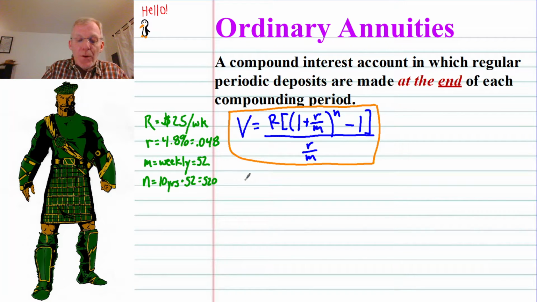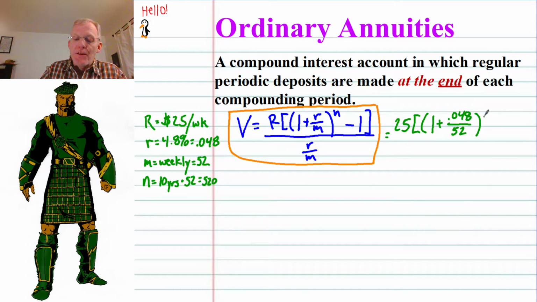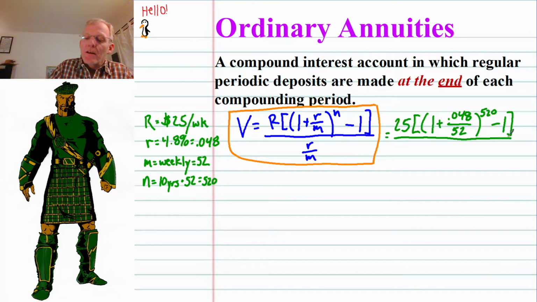We would plug that in, and it's going to look like this: R is 25 times 1 plus 0.048, our interest rate, divided by 52, our compounding rate, to the 520 power, our number of times compounded over the life, minus 1. All of that is the numerator, and our denominator is 0.048 divided by 52.